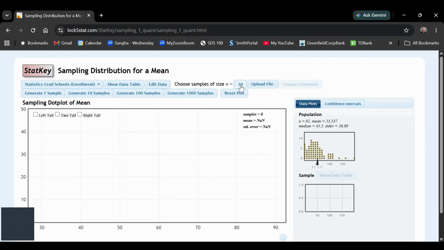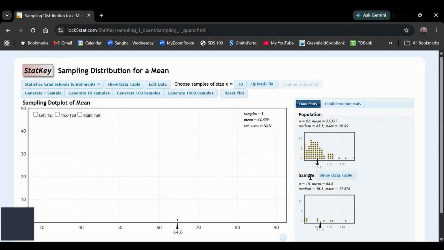And so what if we generate a sample of size 10? Remember we said we could do a lot of those. So let's generate one sample. That sample is size 10, and the mean is 64.6, so not quite what the population mean is. The standard deviation is higher than the standard deviation in the population, and it shows you how the data points are distributed.